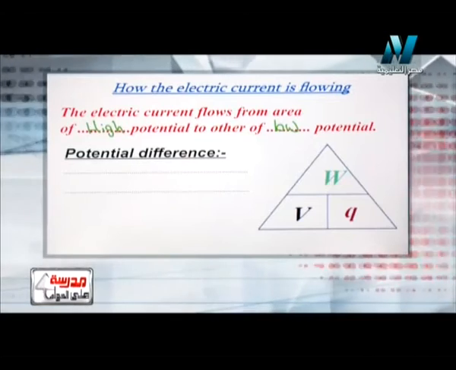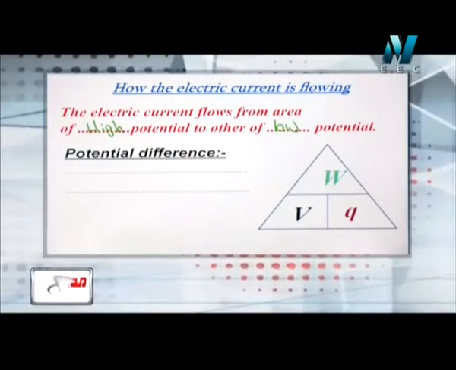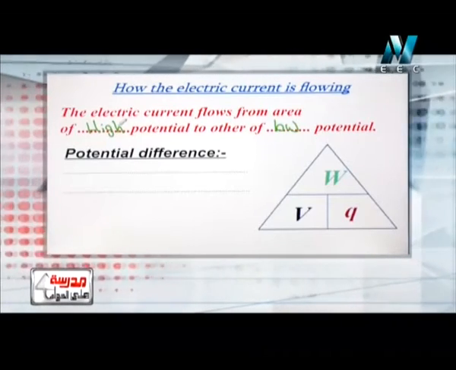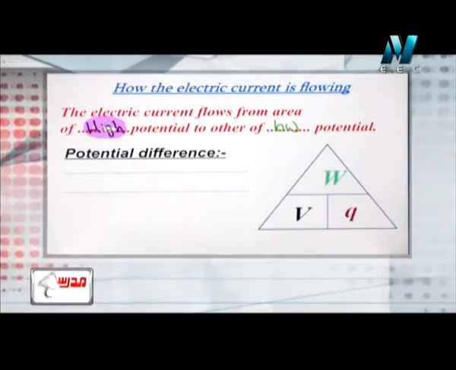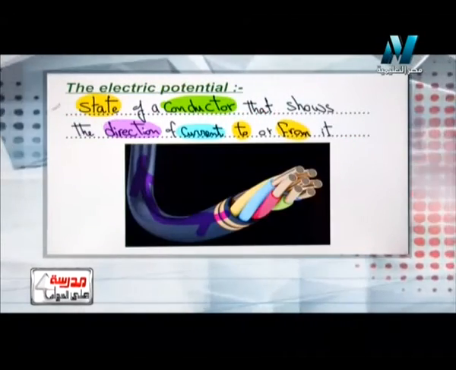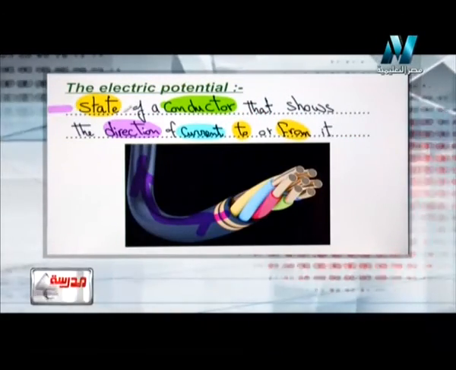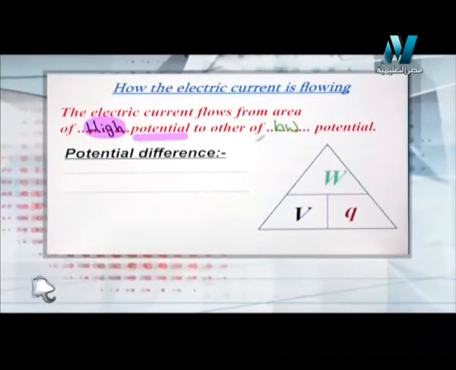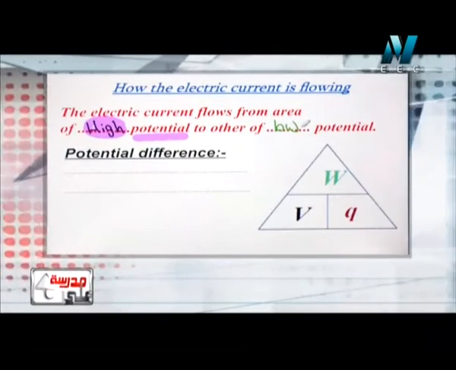Potential is the state of a conductor that shows the direction of current to or from it. So the electric current will move from high potential to low potential.